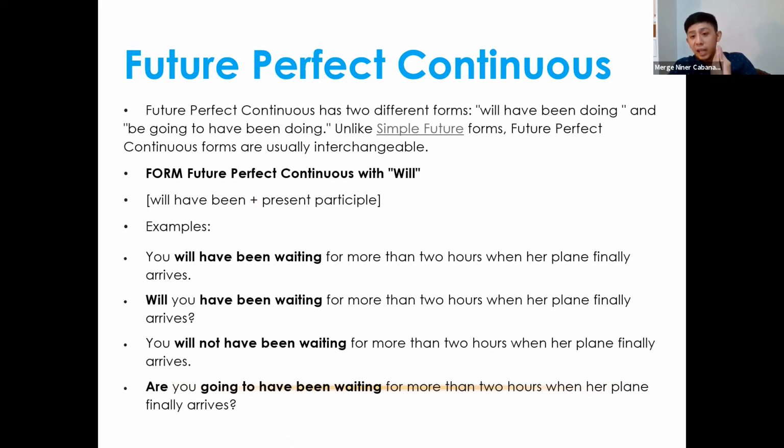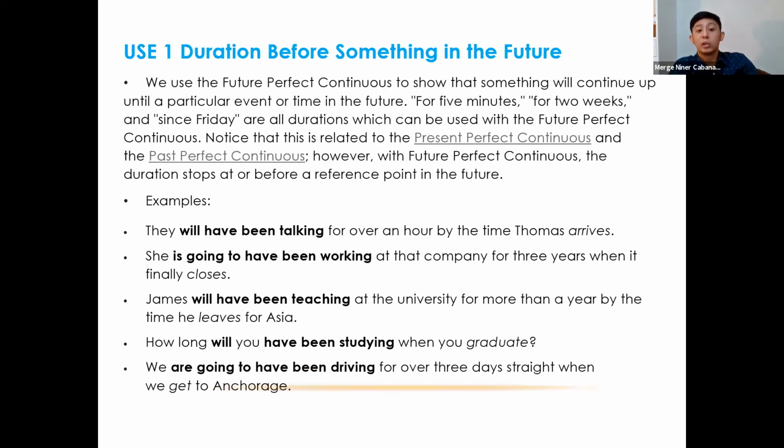Those are very helpful verbs in your essay. So the future perfect continuous is something that forms like this. Will have been eating, is going to have been waiting. So take a look at how complicated the tense is, all right? So I don't want you to write very long sentences like those.